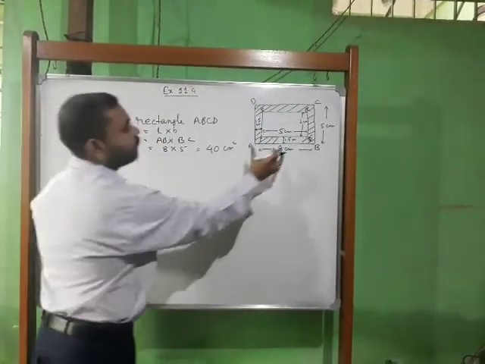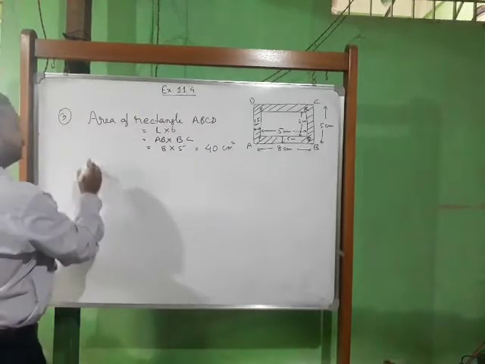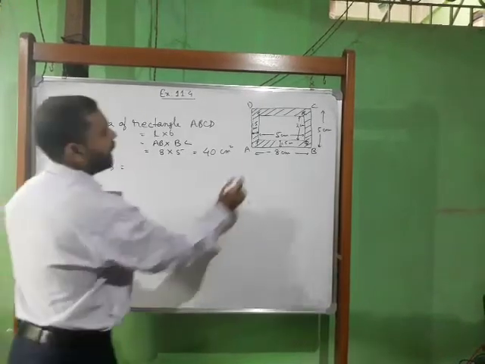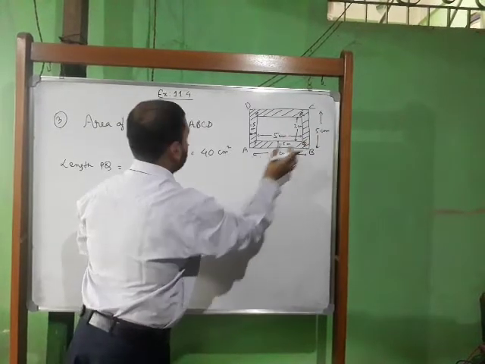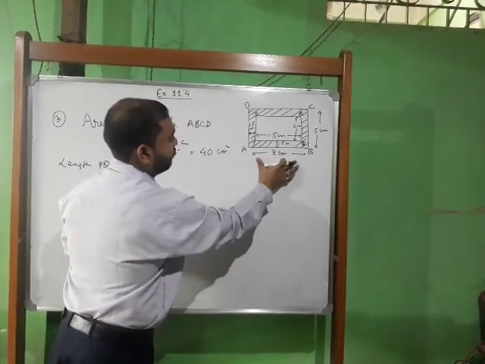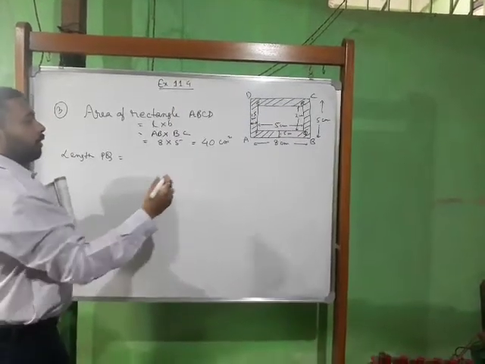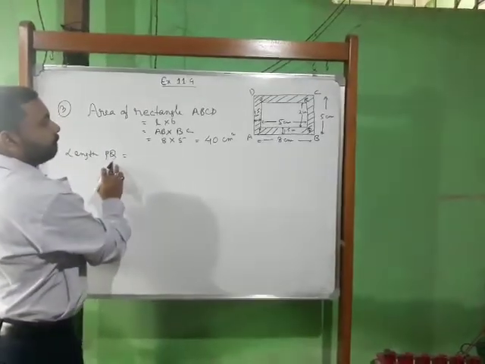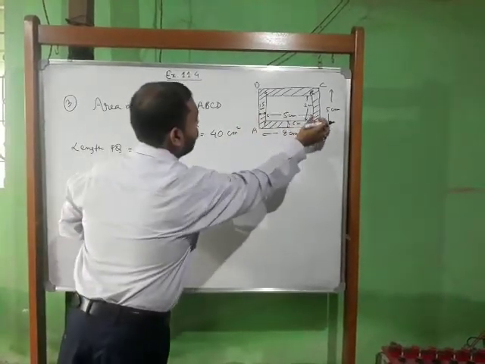Before that we have to calculate the length PQ and PS. Length PQ: as you can see, AB is 8 centimeter. Now what will be the length of PQ? We have to subtract 1.5 from both sides.